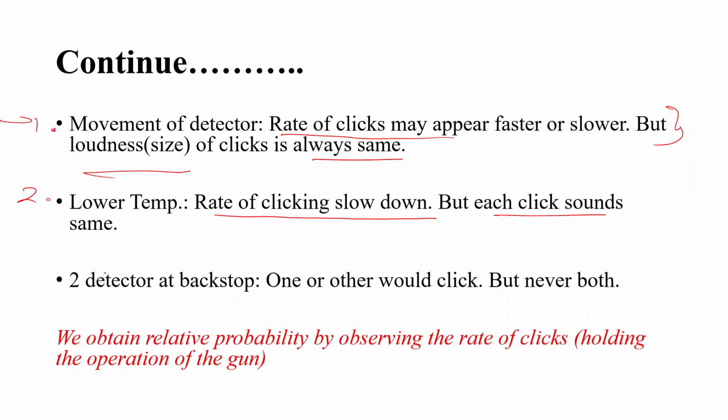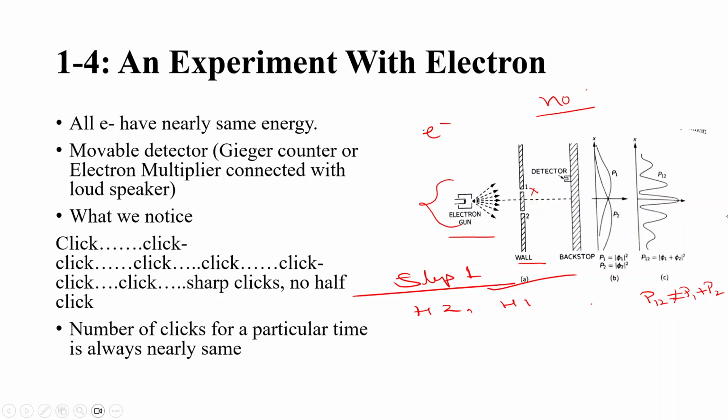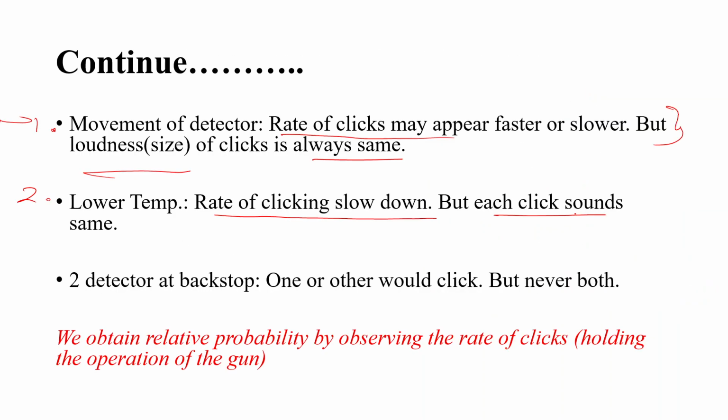So now, when we replace that detector with this detector over here with two detectors at the backstop, one or the other would click, but they never click both together.